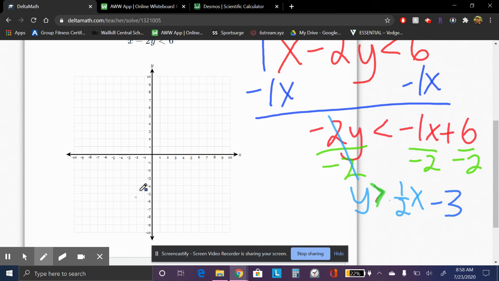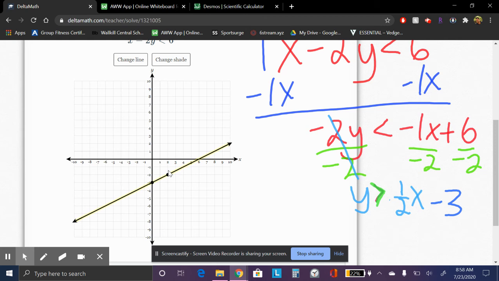So my b is negative 3. I'm going up 1 to the right 2. Clicking it. It's not equal to, so I have to change the line to a dashed line. And it's pointing away from y. This arrow is pointing away, so I'm going to shade above.